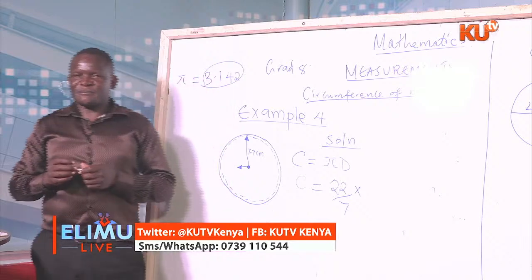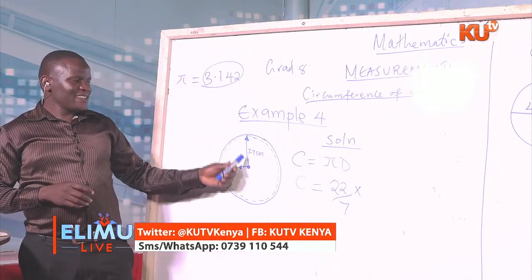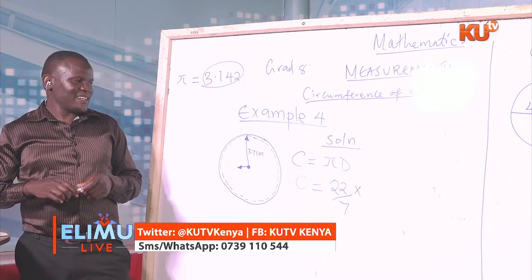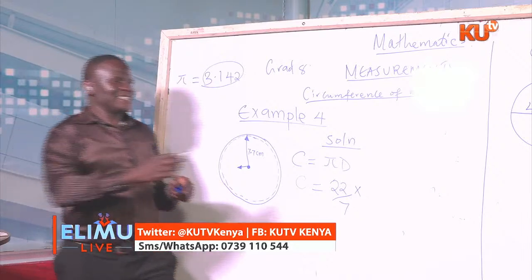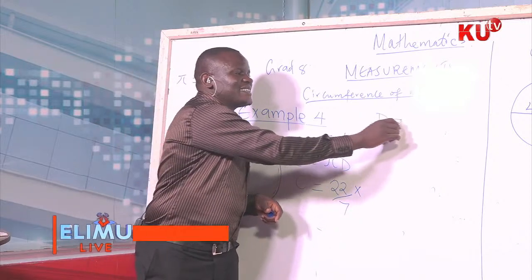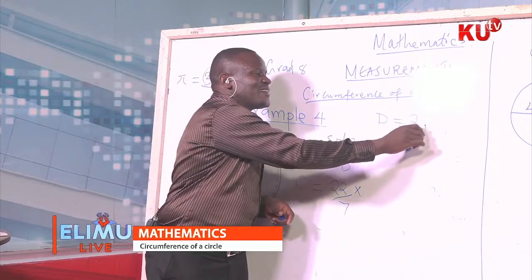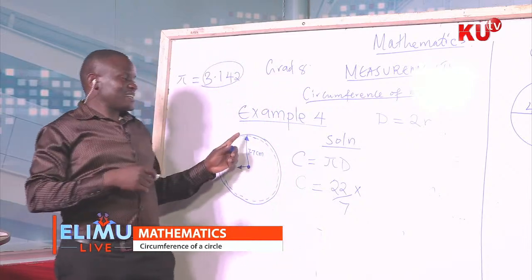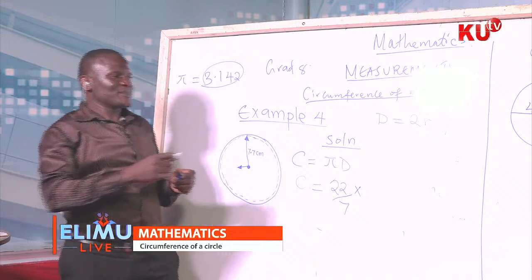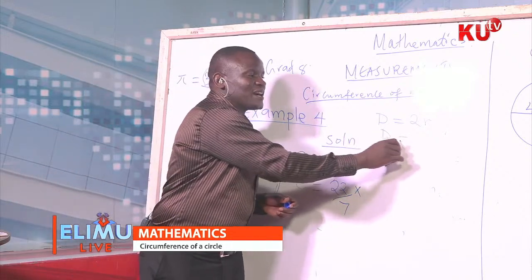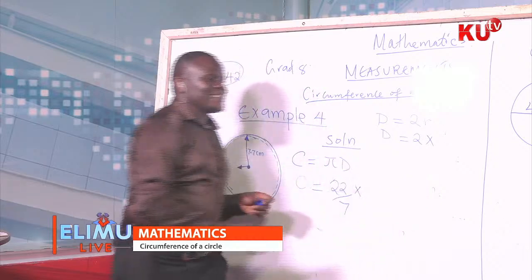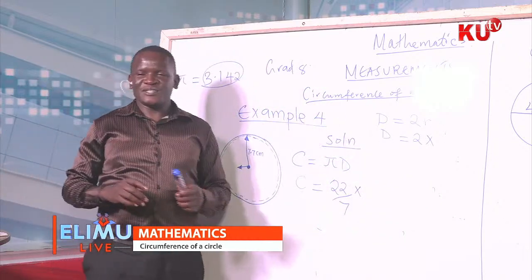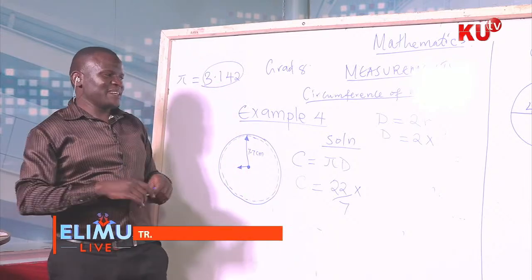What is our diameter now? We are given the radius as 7.7. And earlier on, I said diameter is equal to 2r. So whenever you are given the radius, you must make sure that you multiply the radius by 2 so that you get your diameter.